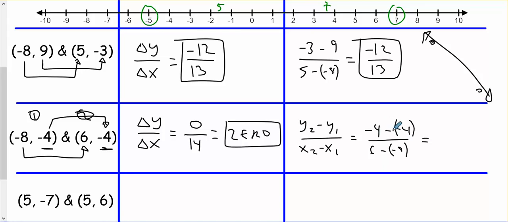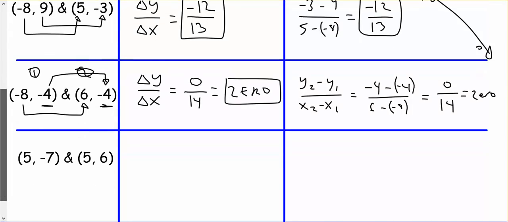Well, -4 minus a -4 turns into a plus, so -4 plus 4 makes 0. Same thing here, 6 minus a -8 turns into 6 plus 8, so that turns into 14. And again, that's going to be 0.